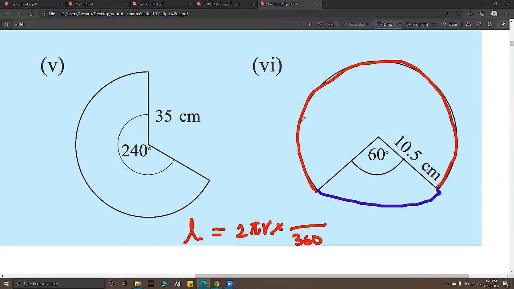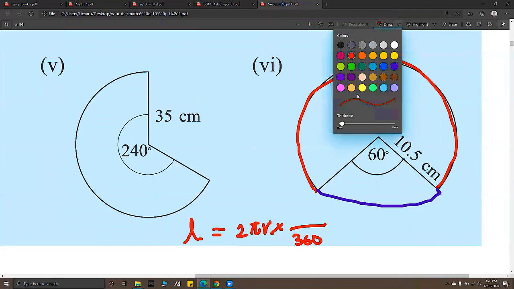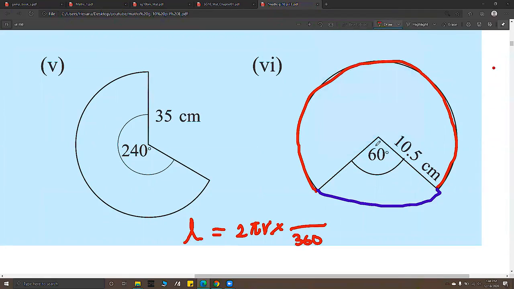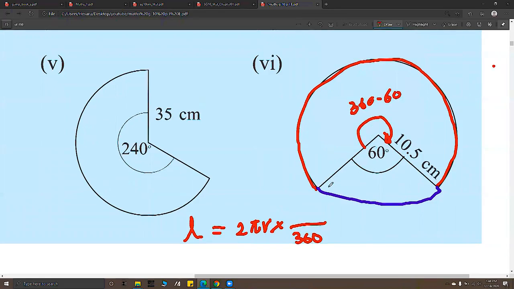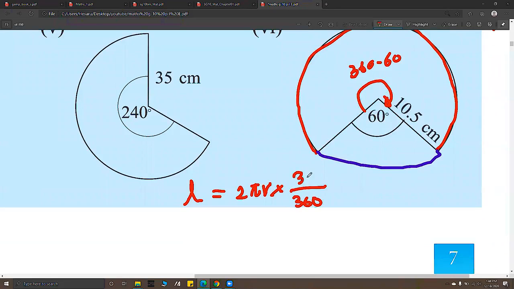But what we need is the red one. So what will it be? We know the total angle around the center is 360 and this one is 60. So we get 360 minus 60. We need this angle. It's 360 minus 60, which is 300. So you have to put 300 here.